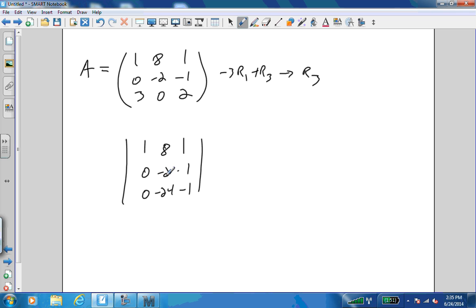So if this is a 24, that would cancel. So to make that a 24, we're going to take negative 12 times row 2. Negative 2 and negative 12 is positive 24, which will cancel. And that's added to row 3.